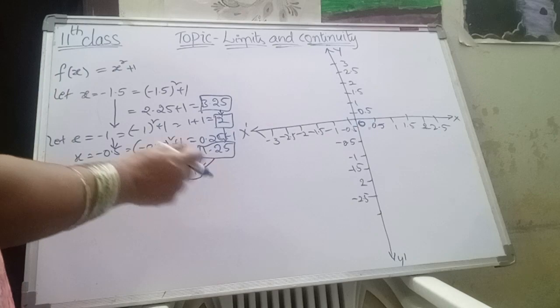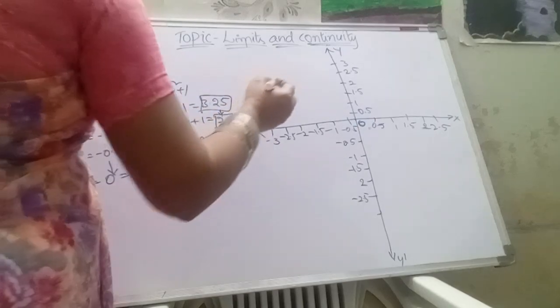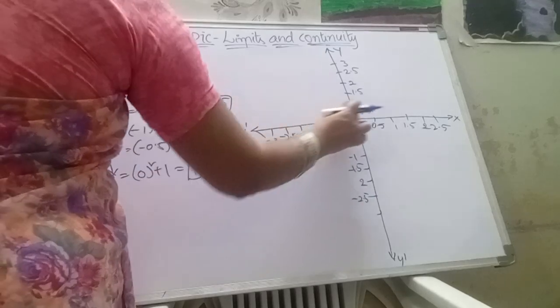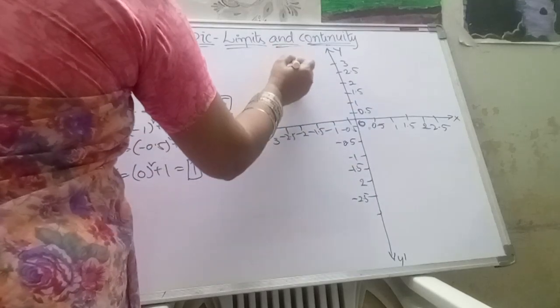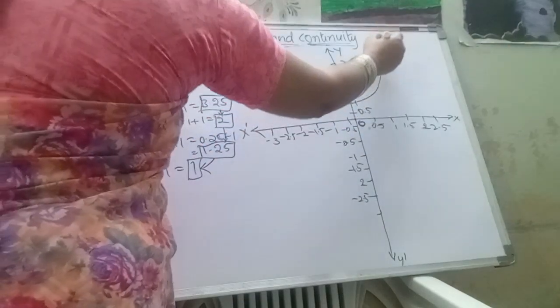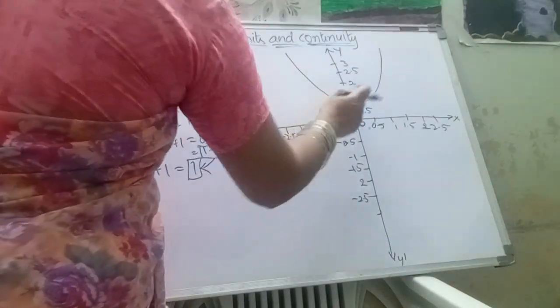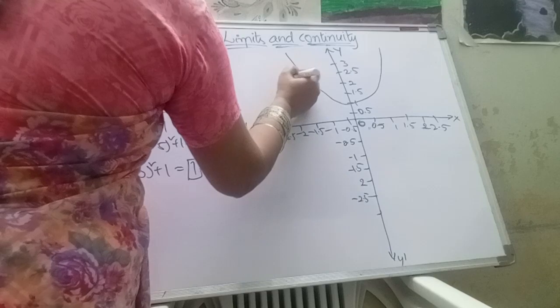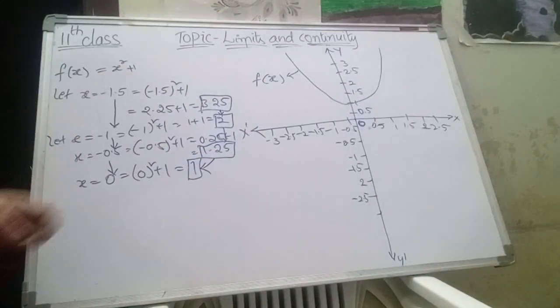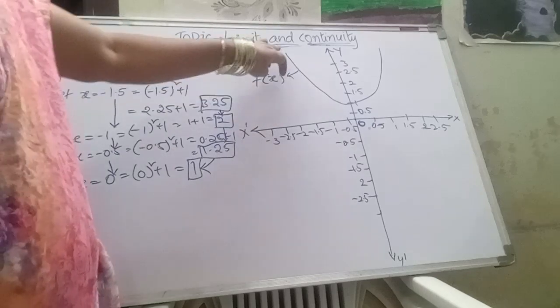Okay, if you observe this, as the x value is moving towards 0, the f of x value is moving towards 1. This curve is the f of x curve. For the f of x value we took this curve.